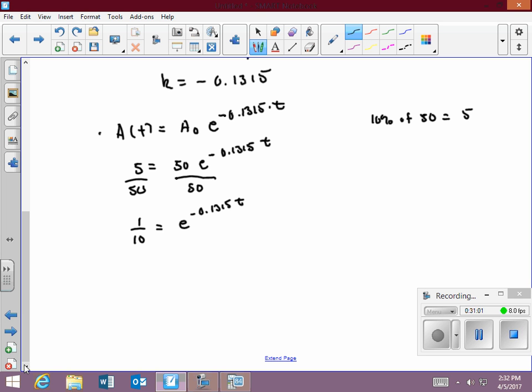Do natural log of both sides? Yeah. And that 1/10 I could actually write like this, couldn't I? ln of 1/10 is a minus ln of 10, and then this is, bring that thing out in front, right? Negative 0.1315 t ln of e.